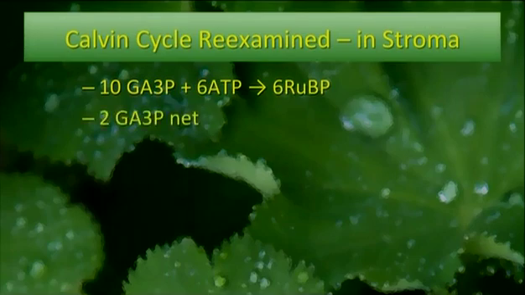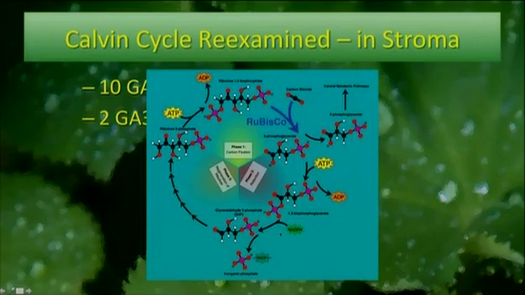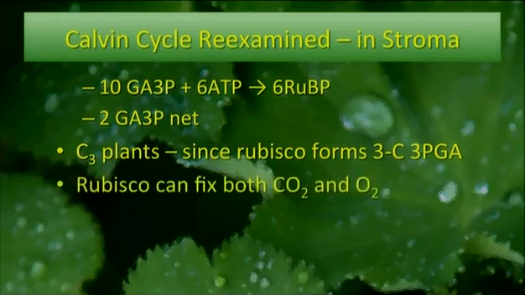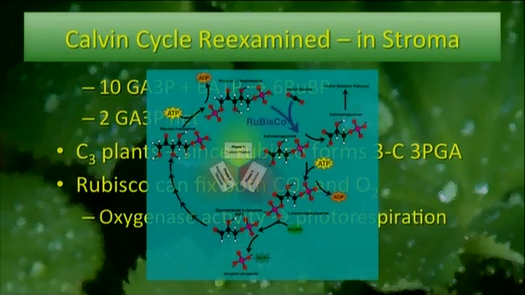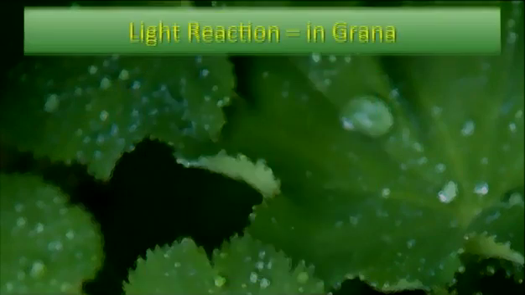So you have 2 glyceraldehyde 3-phosphates net, and that's actually used to go off and form sugars. They're called C3 plants since Rubisco forms 3-carbon phosphoglyceric acid. Rubisco can fix both carbon dioxide and oxygen gas, and that oxygenase activity is called photorespiration. But we're not really going to talk about that very much at all.